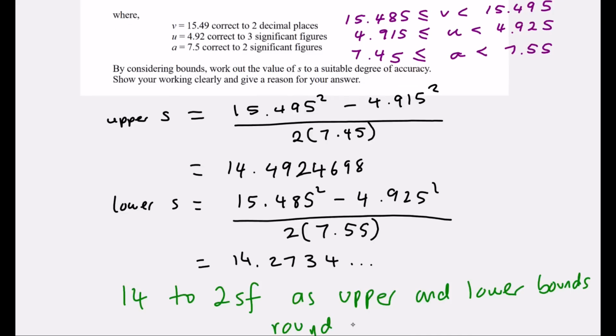The upper bound and the lower bound round to the same number, so that's the most accurate we can give it. If we went to 3 significant figures, we'd have 14.5 and 14.3, so they don't agree. So 14 to 2 significant figures, they both agree.